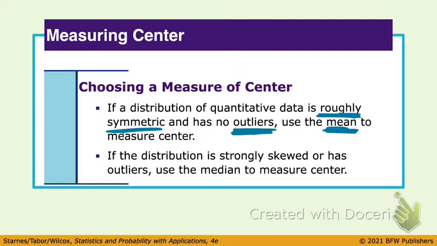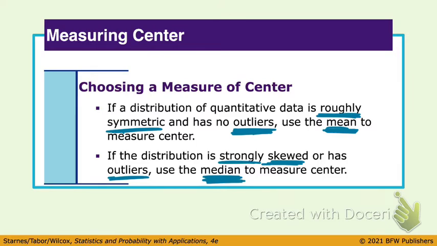But if the distribution is strongly skewed or has outliers, you're going to want to use the median to measure the center. So symmetric, we get mean; skewed, median. Okay.